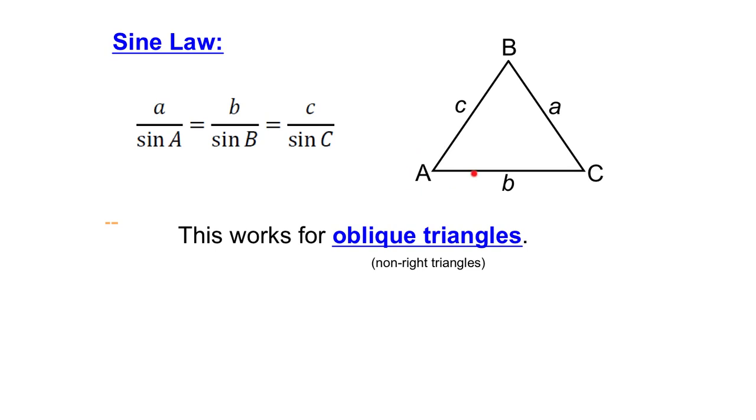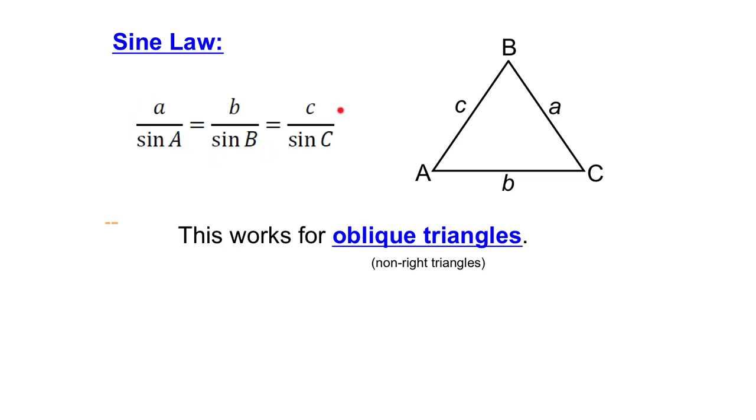Notice that opposite sides have the same letter as the angle that they're opposite from. It's just that the side is lowercase and the angle's uppercase. So when I say a divided by sine A, I'm talking about this side length divided by the sine of this angle. And b divided by sine B is this side length divided by the sine of this angle, etc.